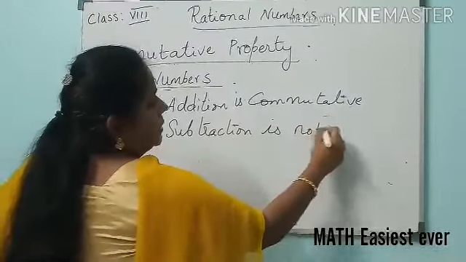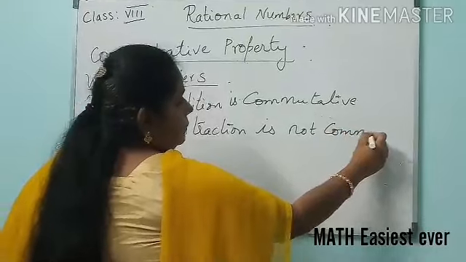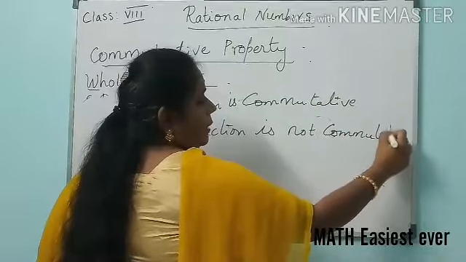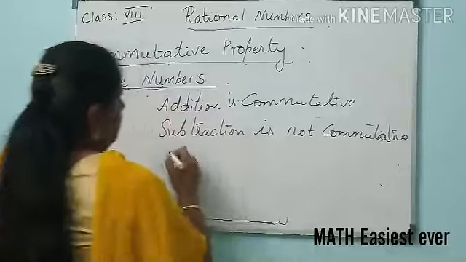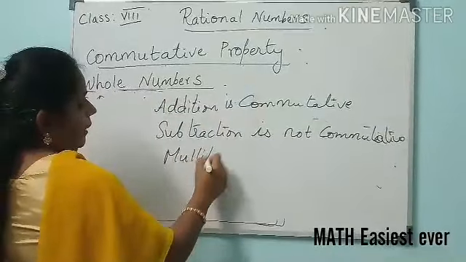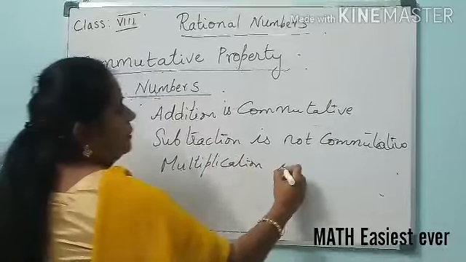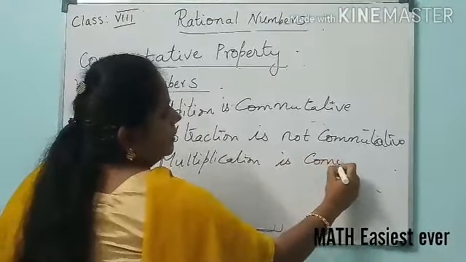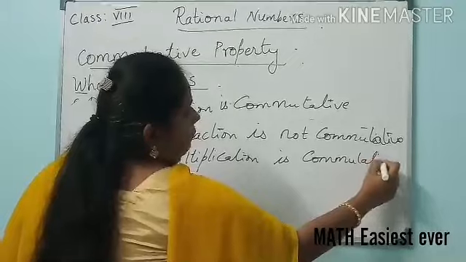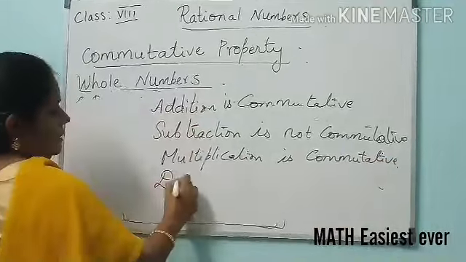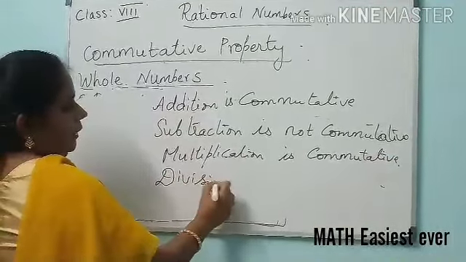Subtraction is not commutative. Multiplication is commutative. Whereas division is not commutative.